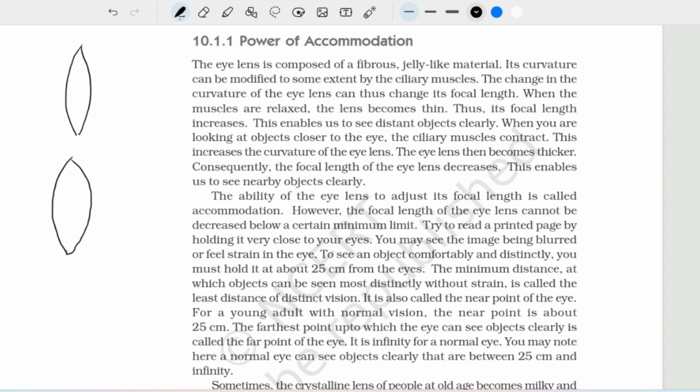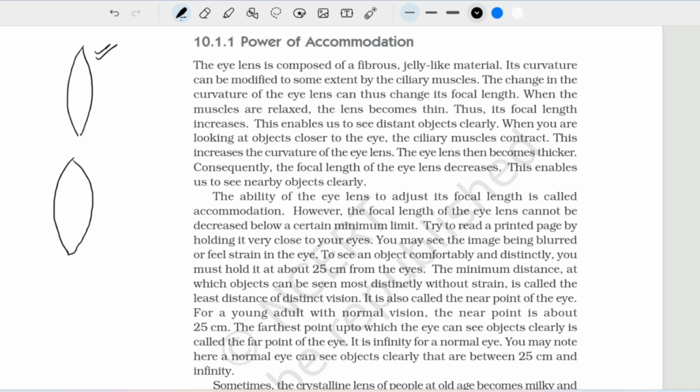Okay. So now an eye can focus the image of distant objects as well as nearby objects on the retina by changing the focal length, or by changing the converging power of its lens, because it is a convex lens, right? So by changing the converging power, it can change the position of the image by changing its focal length.